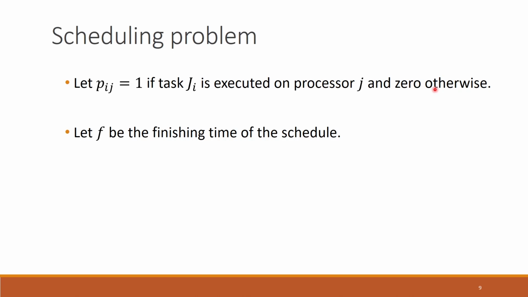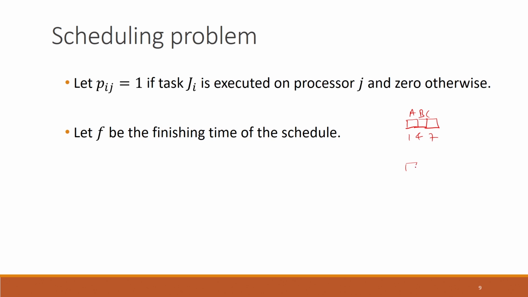Let us maybe take an example to understand this. Suppose there are two processors and we have some tasks here. We have these tasks A, B and C, maybe they take the times 1, 4, 7 respectively.